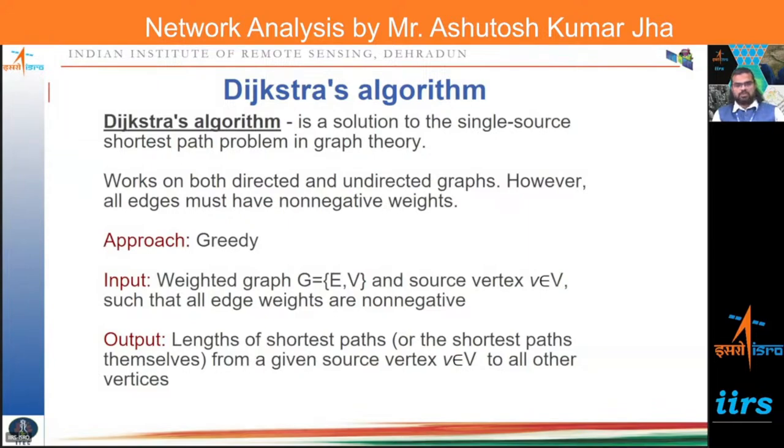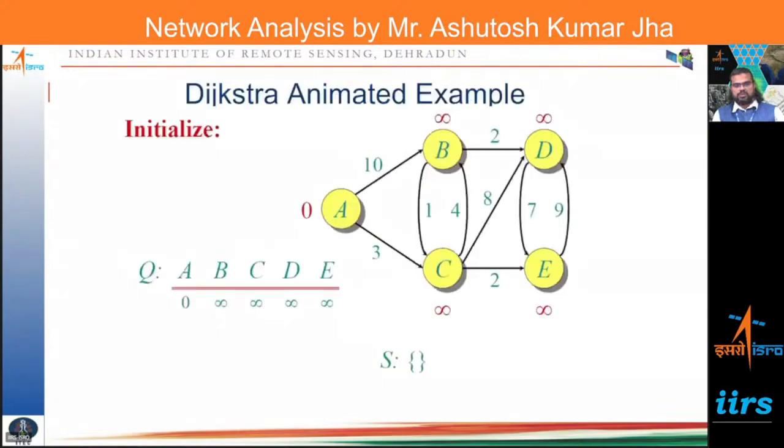This is the problem the algorithm tries to solve. To do that it requires a node list and a starting node. In this example the starting node is A, from where we will try to find the shortest path to each node.